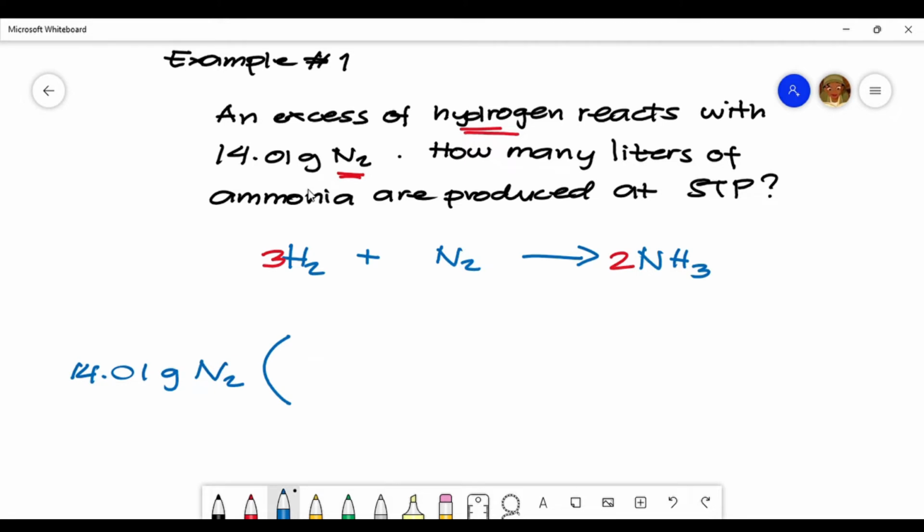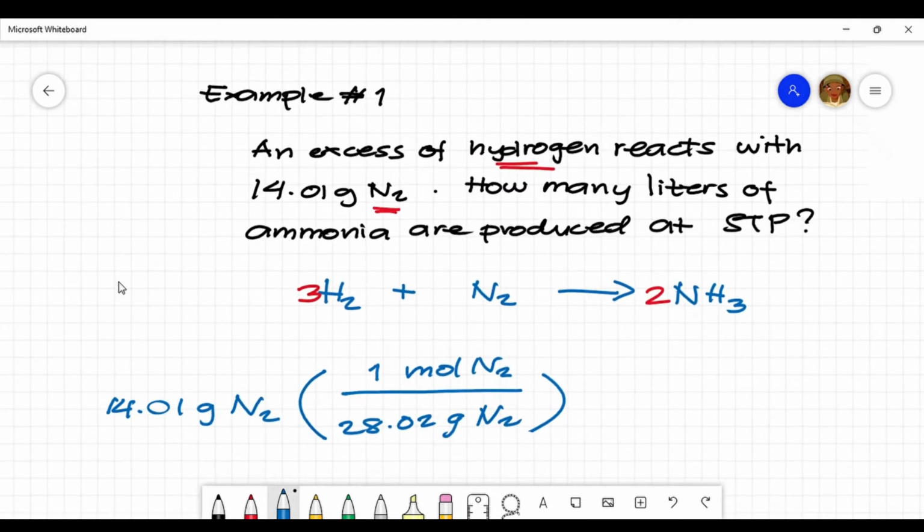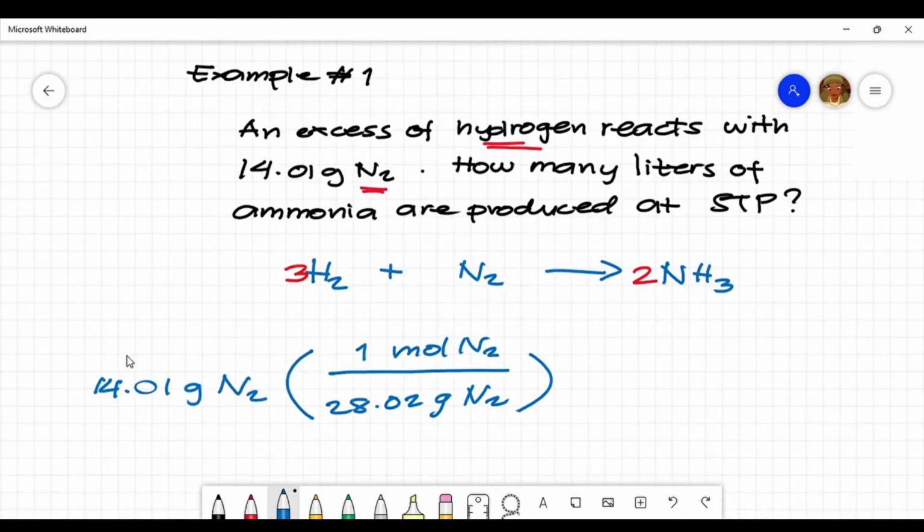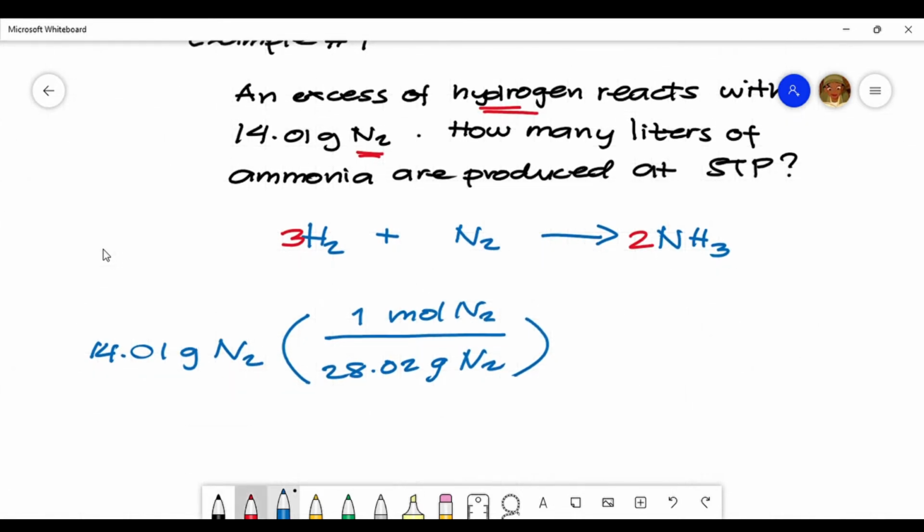In dimensional analysis, we combine values, following the rules of stoichiometry. We have 14.01 grams of nitrogen gas, and we know that 1 mole of nitrogen gas is 28.02 grams. How did we come up with this value? If you can recall, we should solve for the molar mass of N2.